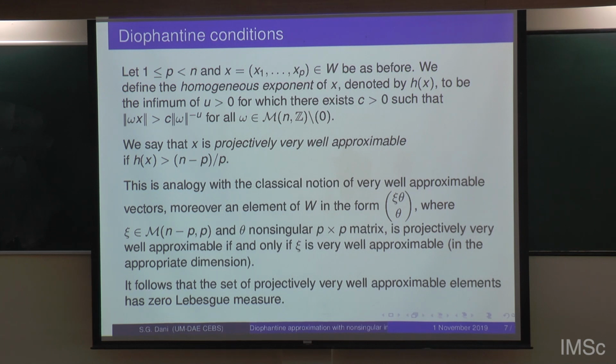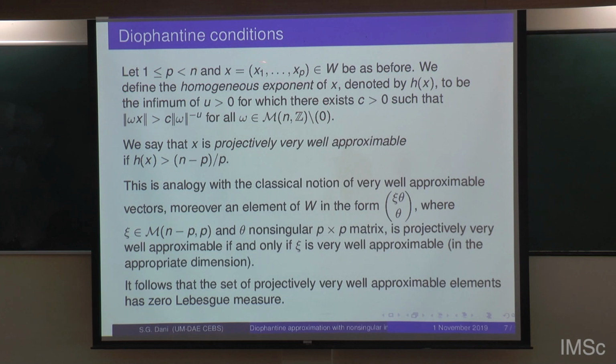Now this is in analogy with the classical notion of very well approximable vectors. Moreover, notice that any p tuple like this, when you think of this as a matrix, up to rearrangement of rows, you can always write it in this form.